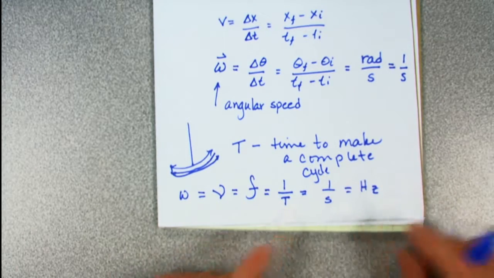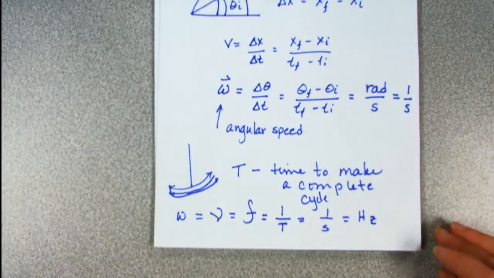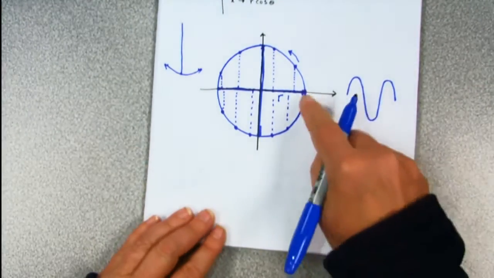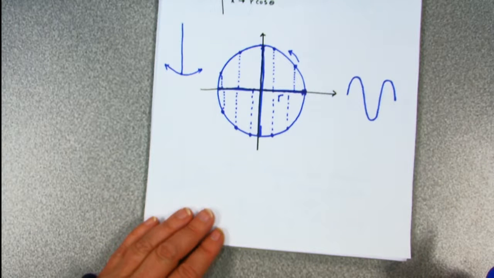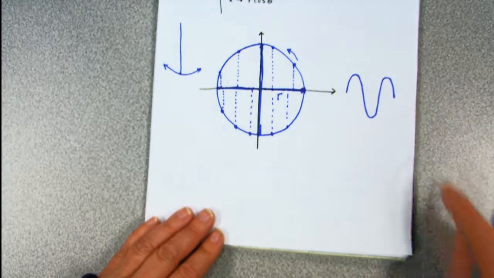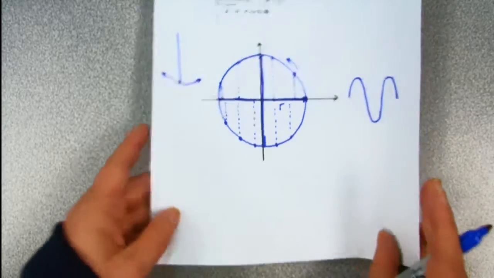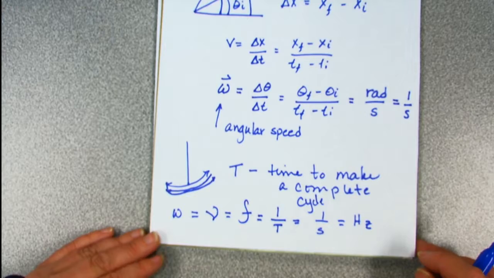But it's 1/seconds. And if you think about what's happening in our unit circle, as we started talking about when I first went, the time that it takes to go all the way around is the period, and the inverse of the period is the frequency, and I've got wave motion here that I can look at. So we see this over and over again, and we're going to start seeing how these things relate.